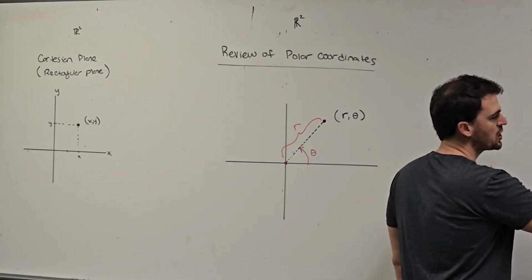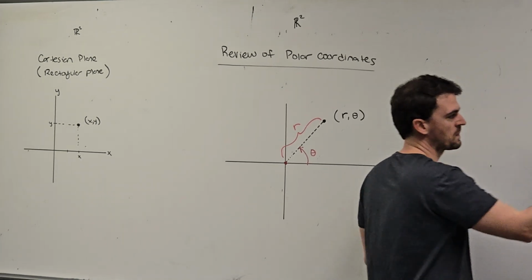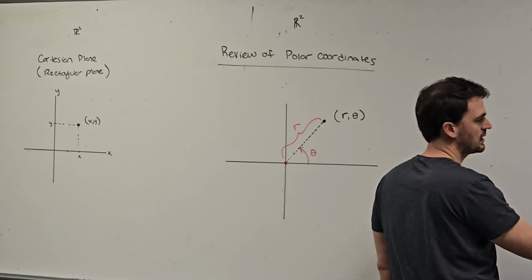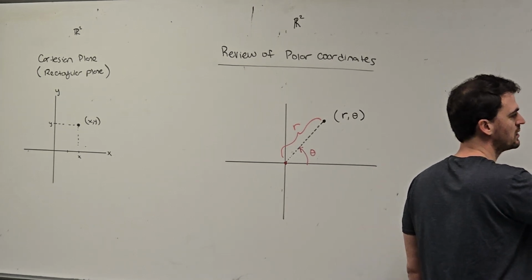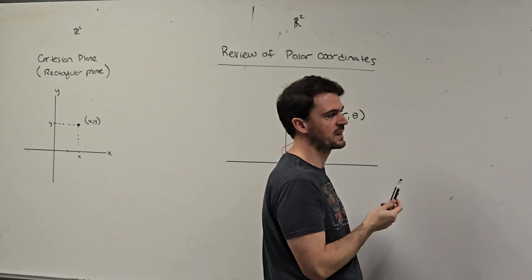So this is saying you can go out a distance of 2, and what you're seeing on your polar plane now is you are going to live on that circle with a radius of 2.